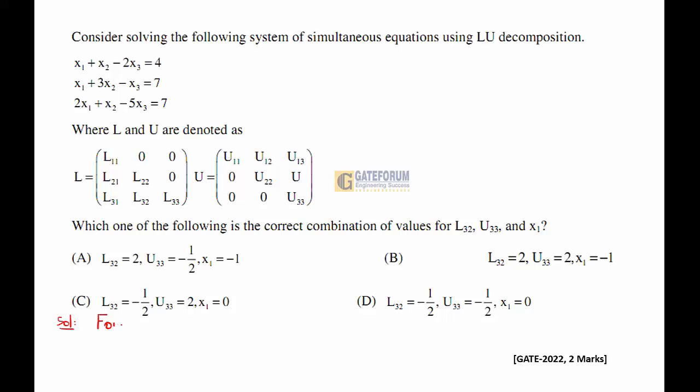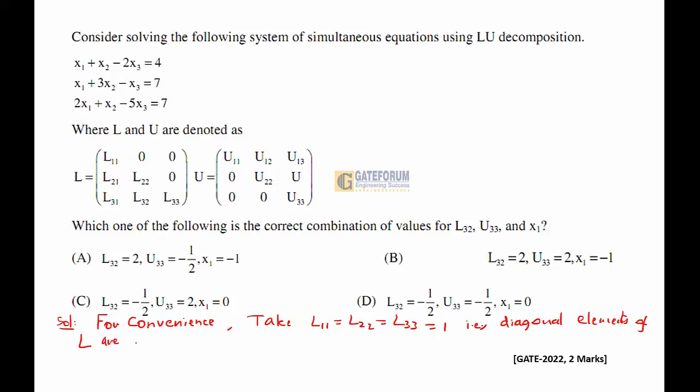For convenience, take L11 is equal to L22 is equal to L33 is equal to 1. That is, diagonal elements of lower triangular matrix L are equal to 1. U is upper triangular, L is lower triangular.